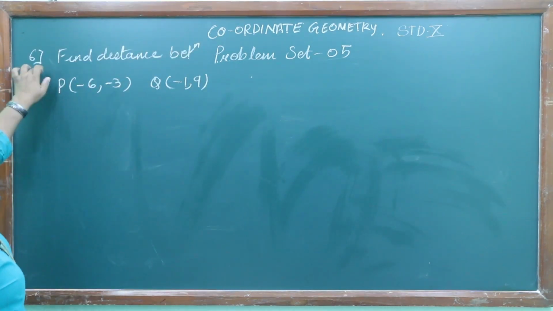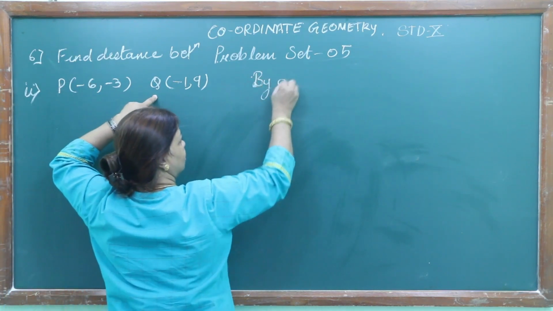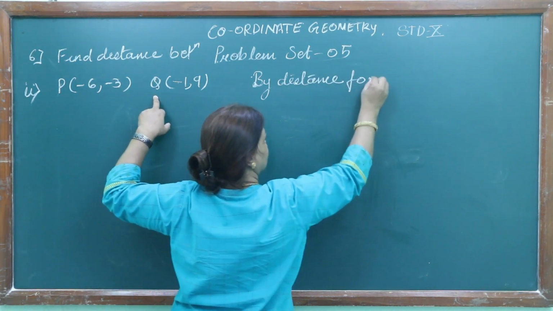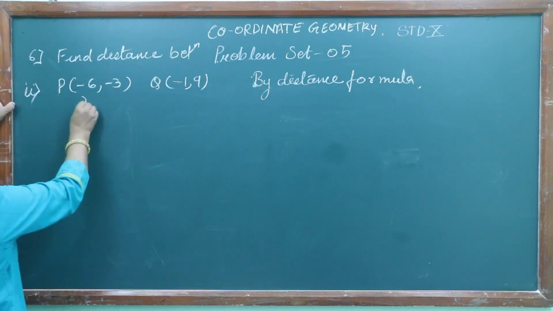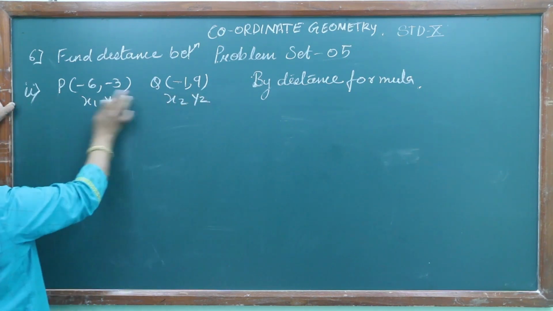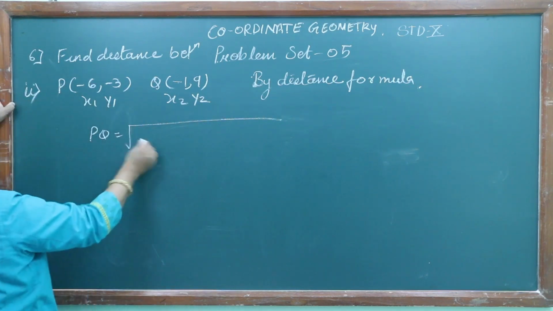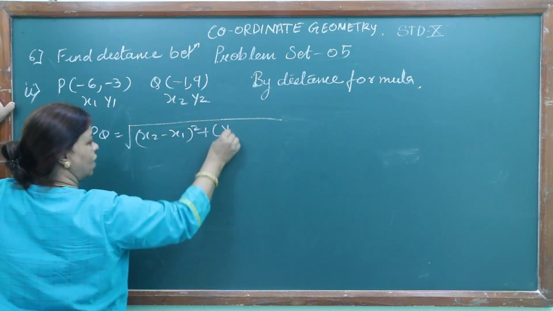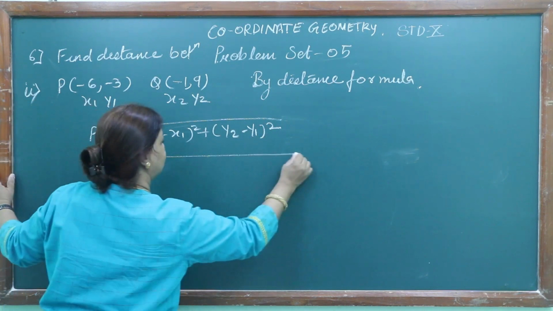Sub question 2 of 6th, again distance between P and Q. So, by distance formula, children, now this will be x1 y1, this one will be x2 and y2. By distance formula, PQ is equal to under the root x2 minus x1 the whole square plus y2 minus y1 the whole square under the root.